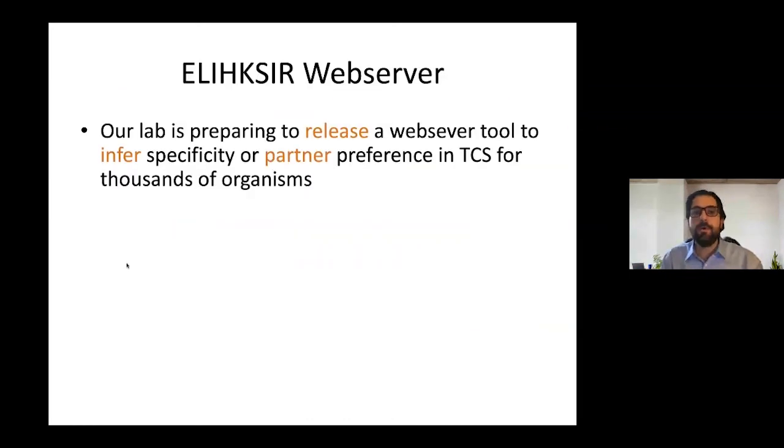Right? So the way we did it is we used these methodologies of network inference to create a tool that will allow other people to look at organisms and see if the preferences are confirmed with experiment, but they also can play a little bit with the networks and see the effects of mutations.